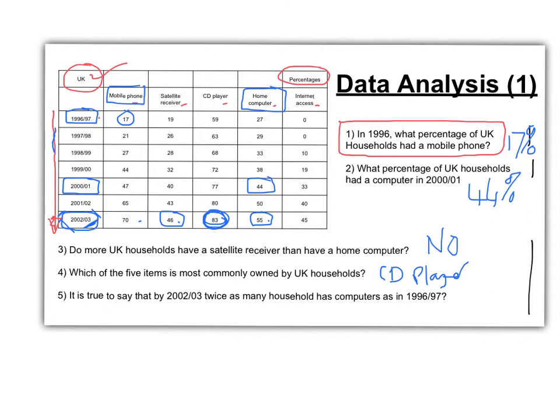And then, is it true to say that in this date, twice as many households had computers as they did in that date? Okay, so I'm going to talk about computers. So this is going to be this column here, home computers. And I'm going to talk about this date here where it's 55, and 1996-97, which is 27 there.